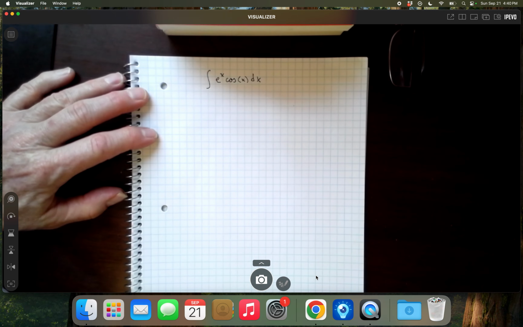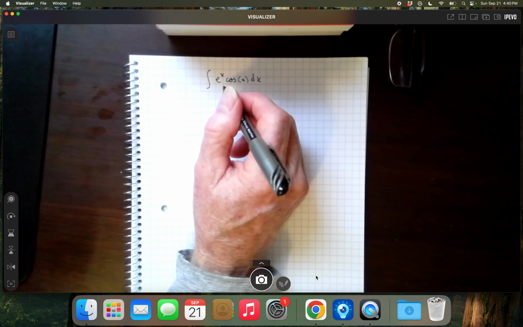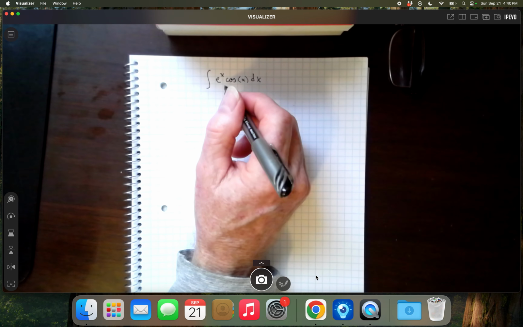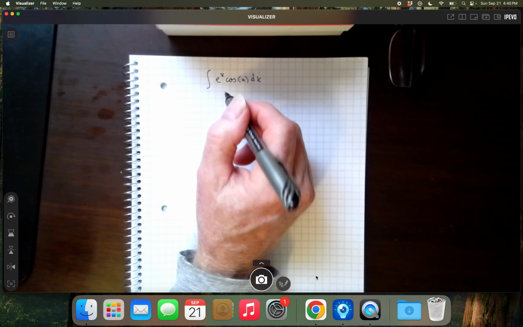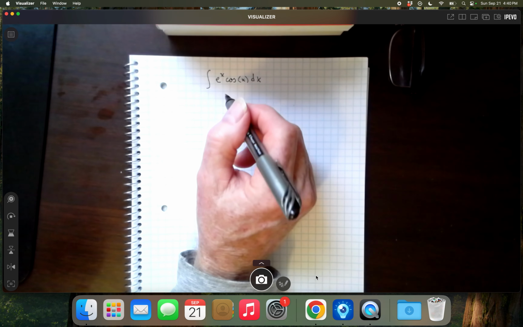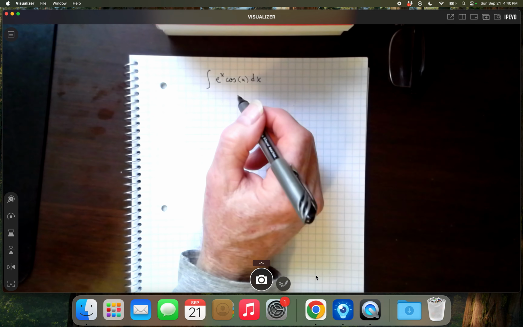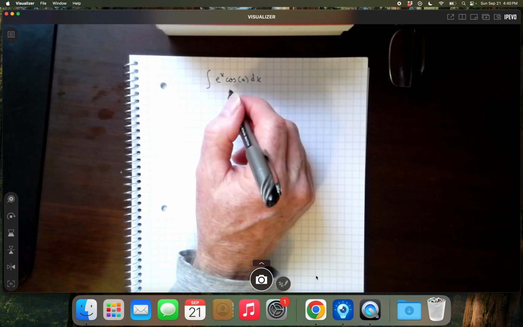Now, from your calculus course, to do this integral, you would have to integrate by parts. And after you do that, you're going to end up with an e to the x sine of x. So you have to integrate by parts a second time. And then after that, you're going to have to do some additional algebra, moving everything to one side before you can finally figure out what that integral is.